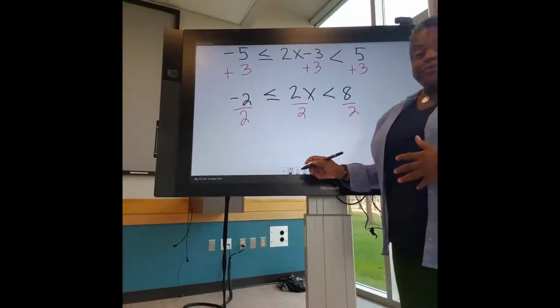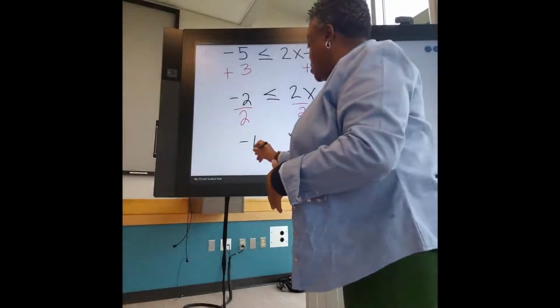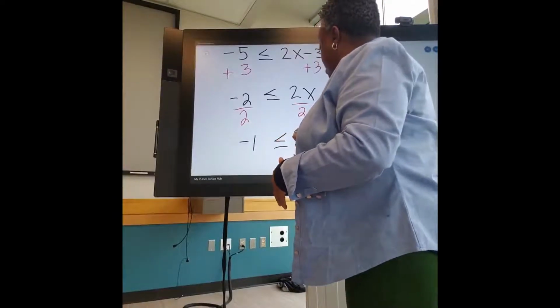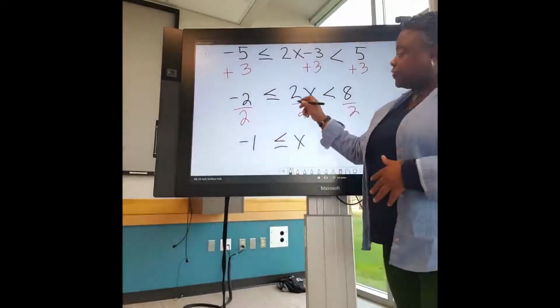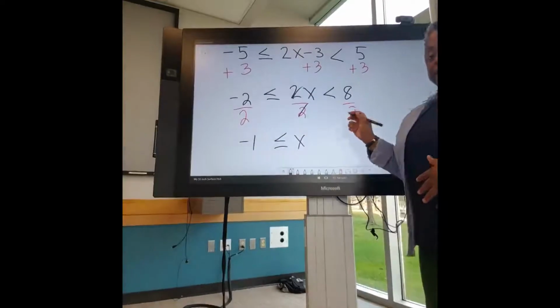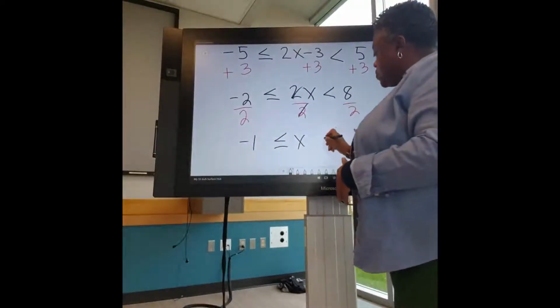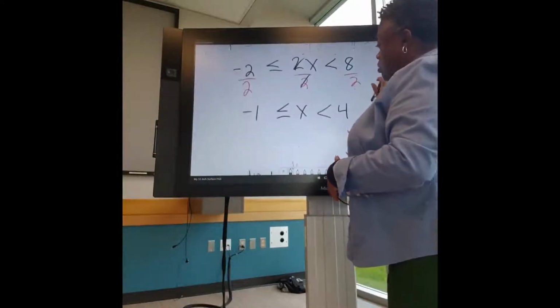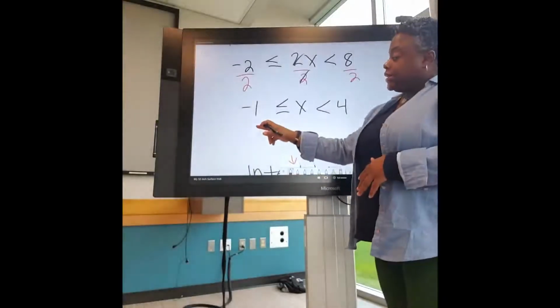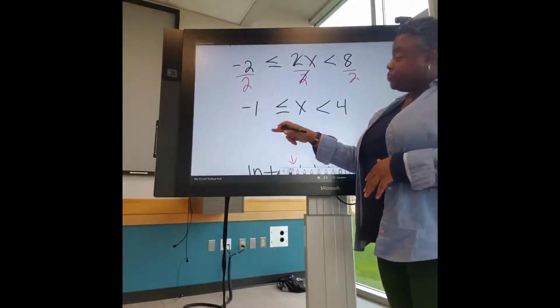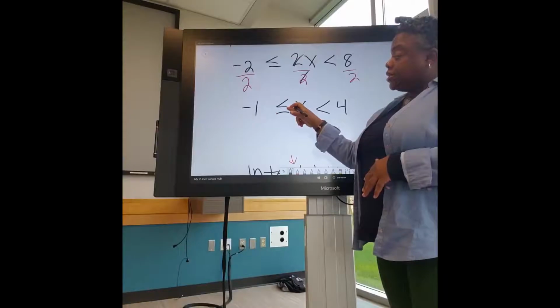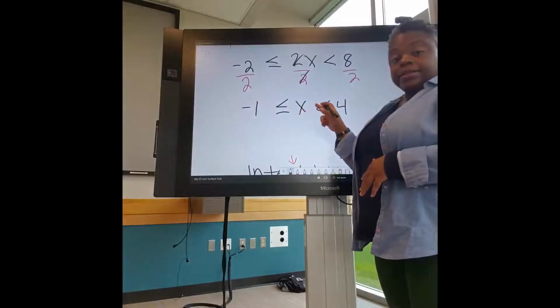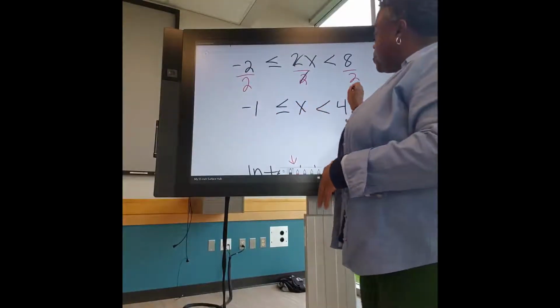Now I have -1 is less than or equal to x, because 2 and 2 divide out. 2 into 8 is 4. So my inequality is -1 less than or equal to x, and x is less than 4.